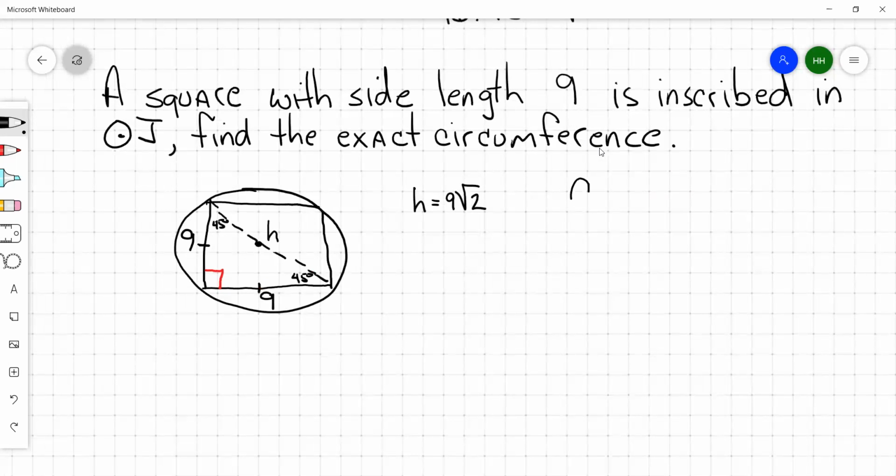So your formula for circumference is equal to pi times the diameter. So in this problem, the circumference is equal to pi times 9 radical 2.